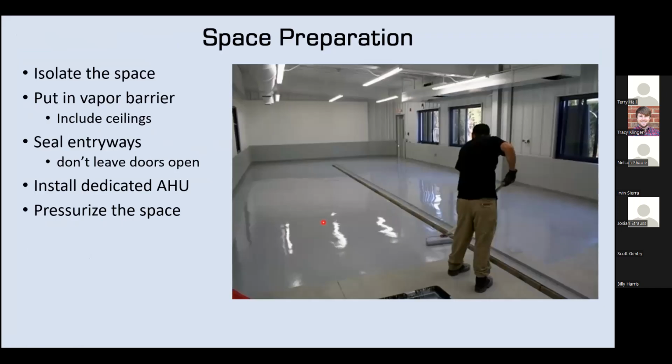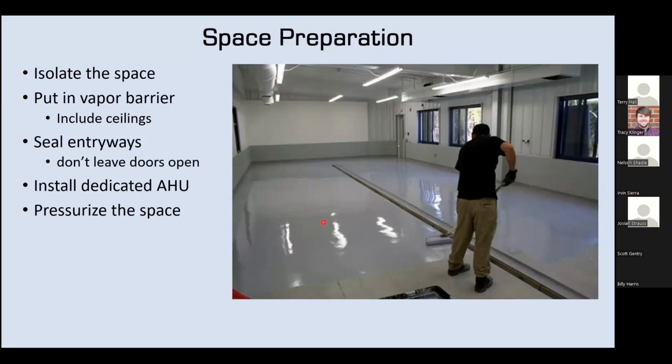Just on space preparation, if you don't have vapor barriers, if you're humidifying a warehouse and the overhead doors are open, it's not going to work really well. You want to try and keep that moisture in as best you can. Open doors, openings under doors, moisture is all going to escape.